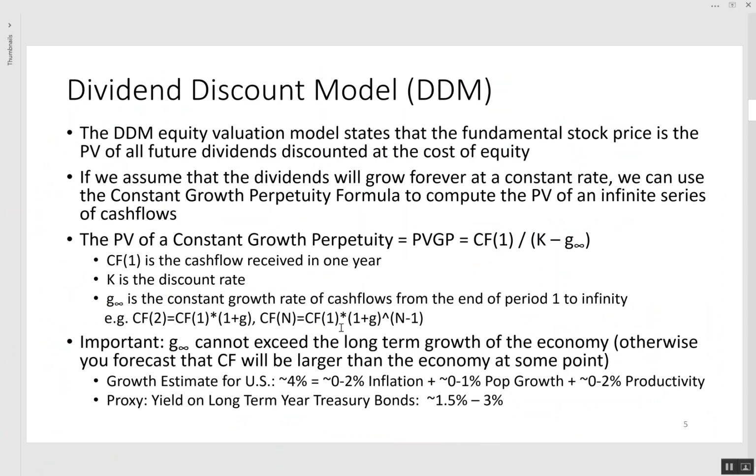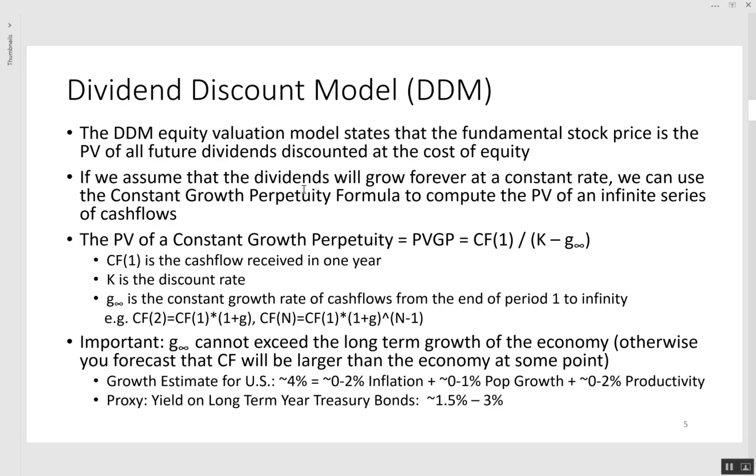So the first thing we're going to do is let's just try to directly calculate the value of the stock using a different model called the dividend discount model, the DDM. Now the DDM equity valuation model states that the fundamental stock price, my estimate of the value of the equity, is the present value of dividends discounted at the cost of equity.